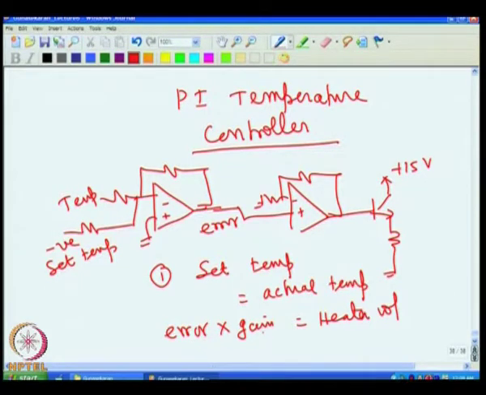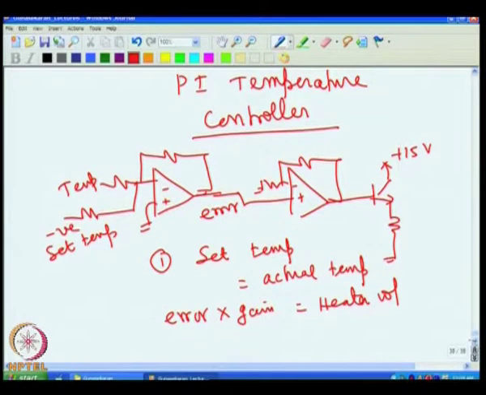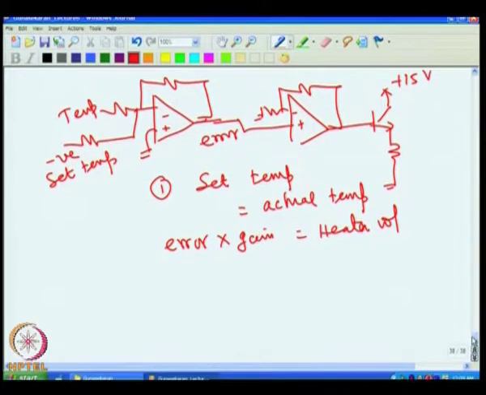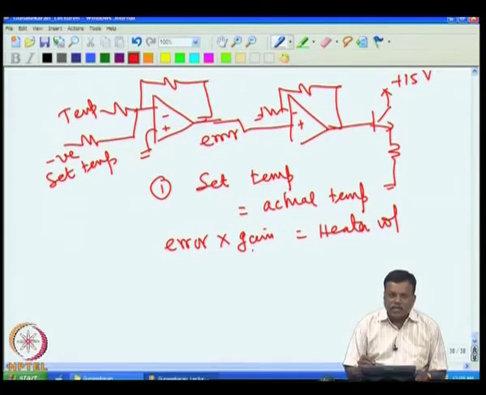But if you increase the gain, then the error will come down, but then you might have seen that if you increase the gain, the system tries to oscillate, and this creates a problem. So, first we see how to reduce this error, because if the error is not there, then there is no problem; we can reduce the gain, and oscillation also will not be there.